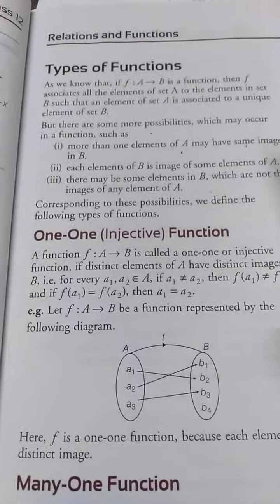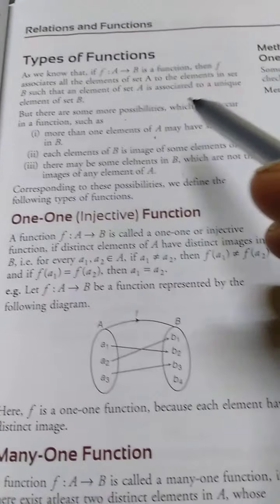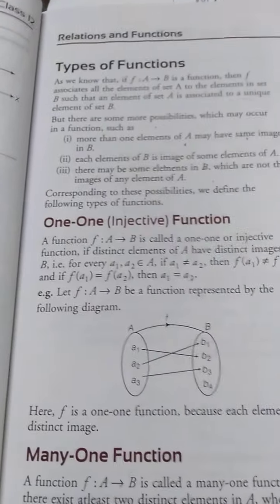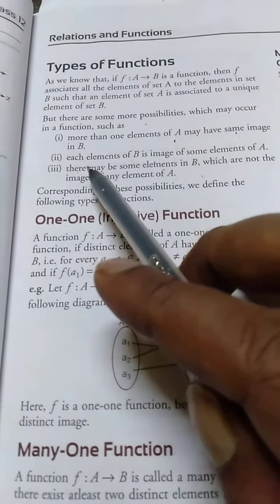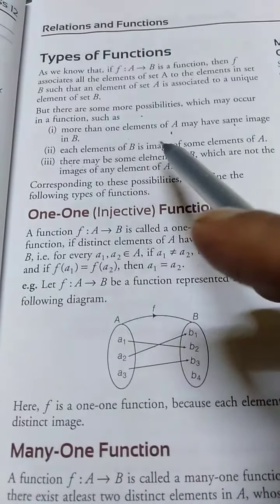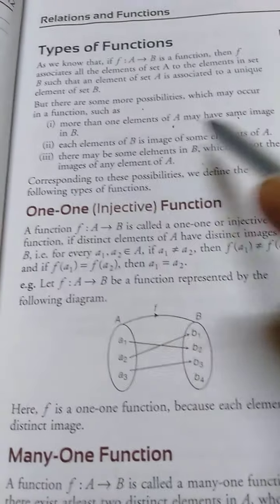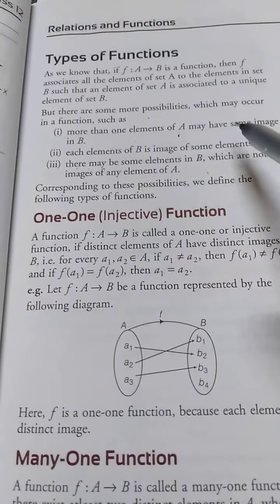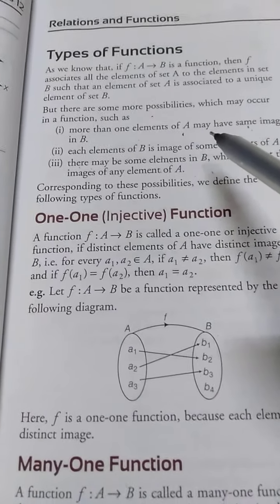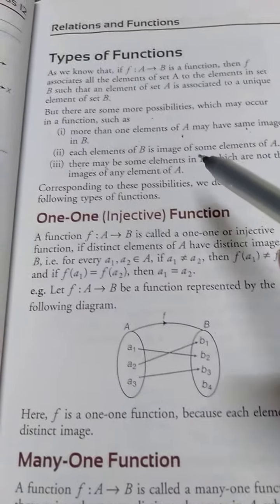That is not possible, one element of A having two images. Elements of B may have an image in A, and also there are some elements that do not have any image in A.